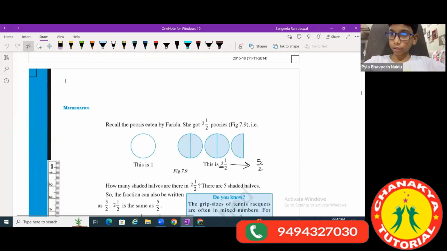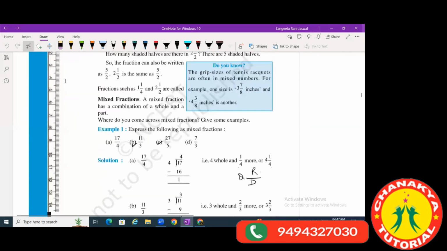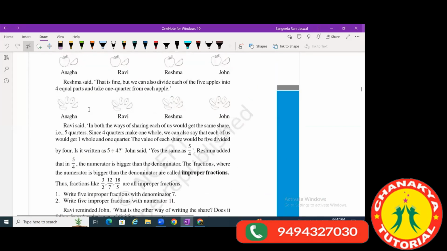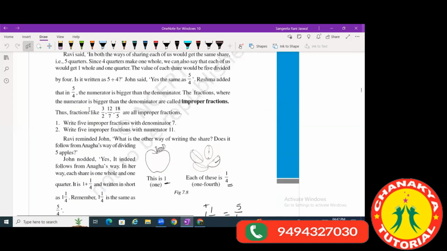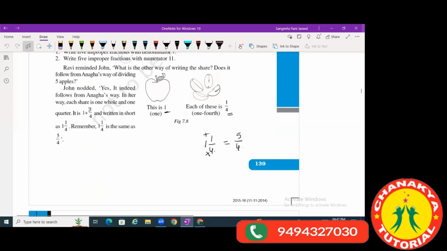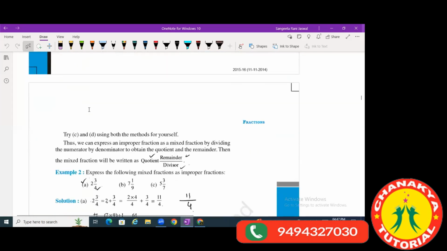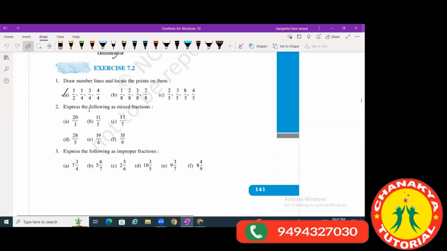Ma'am, book questions. Yes, we were doing these types of fractions, right? We did about proper fractions, we studied about improper fractions, and then we studied about mixed fractions also, right? Yes, ma'am. And we were doing some questions on this.